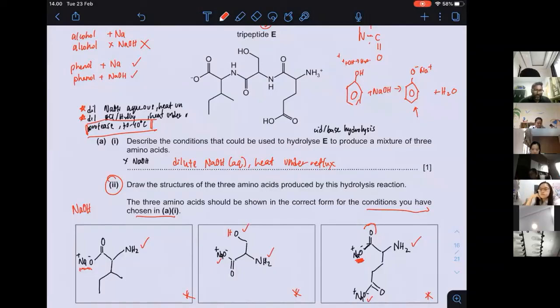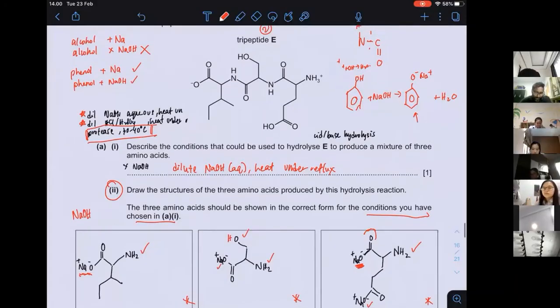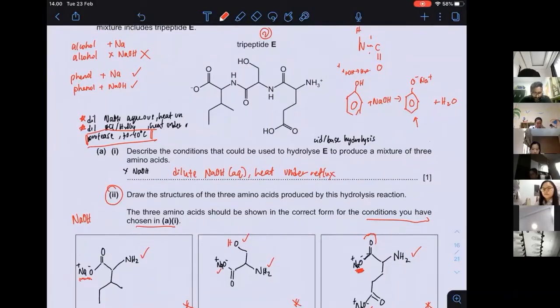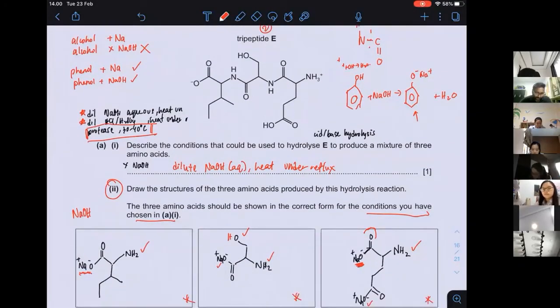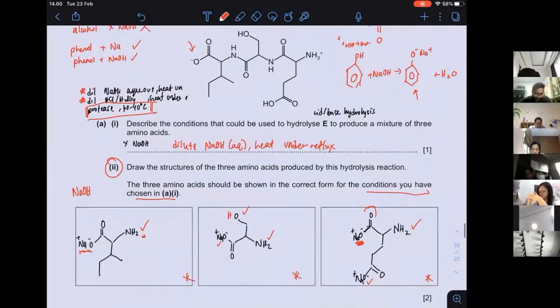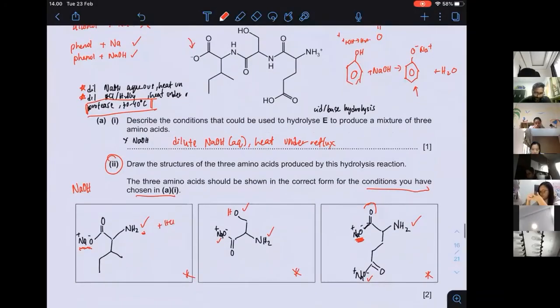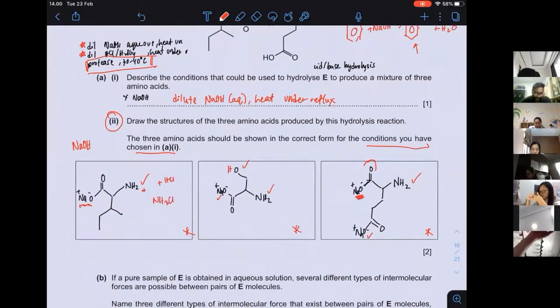With the others not showing the salt. Aneta, what do you mean? With the others, it means that if you are using HCl, then it's going to be different also, Aneta. If you're using HCl, then the carboxylic acid group will still be there. But the NH2 over here, they will react with the HCl. You are going to have NH3Cl, so you will not get the NH2 there.